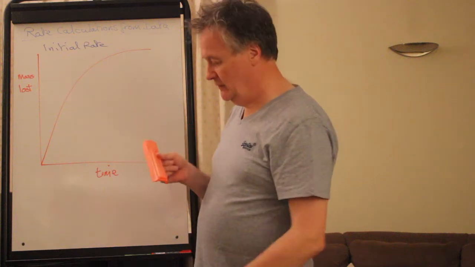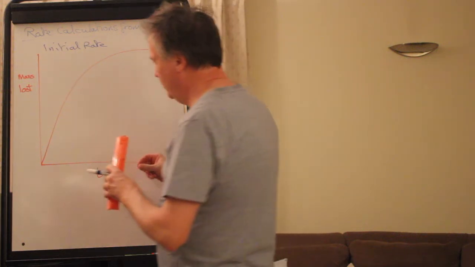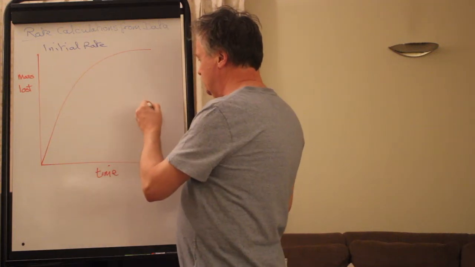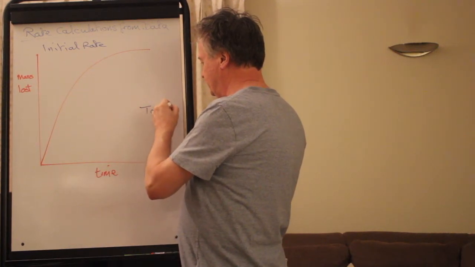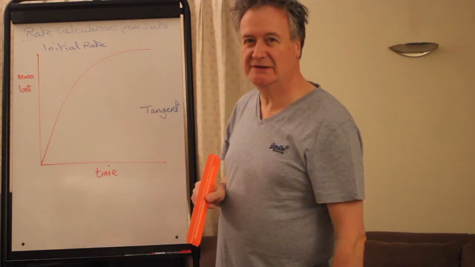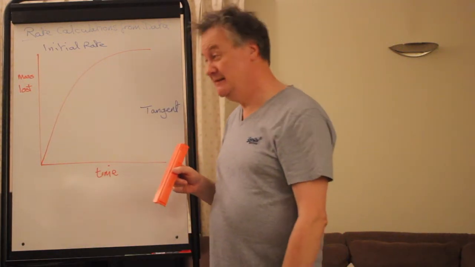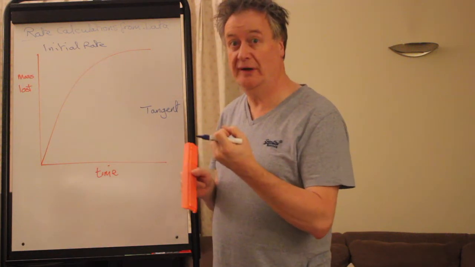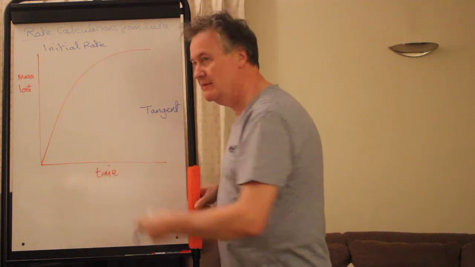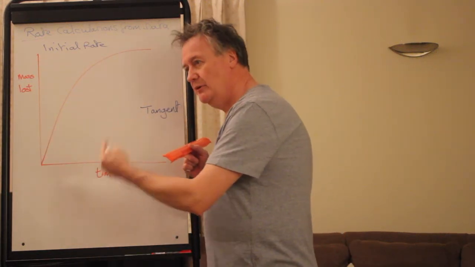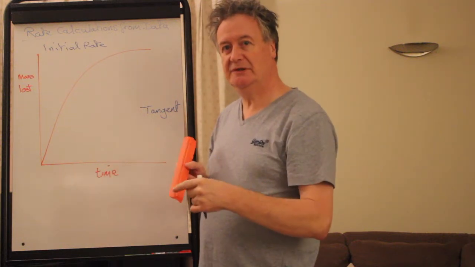This is my ruler. This is not a ruler, but it's the easiest thing to use. What you need to plot is a tangent line. If you don't know what a tangent line is, it's a line that touches the curve at the point in time, in this case, because time is our independent variable here and the dependent variable up there, at the point in time that you need to measure the rate.